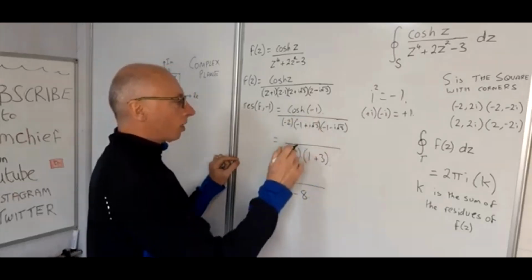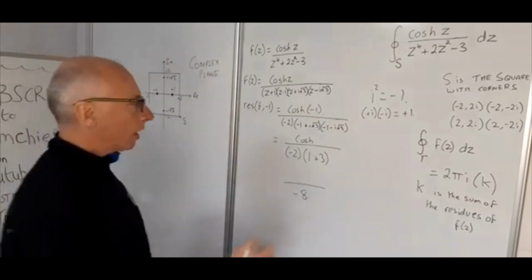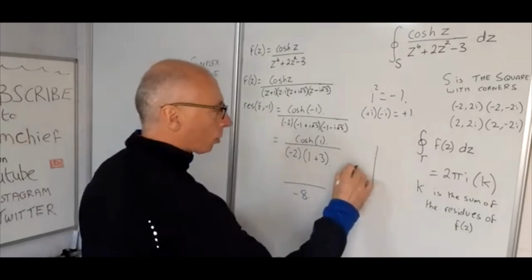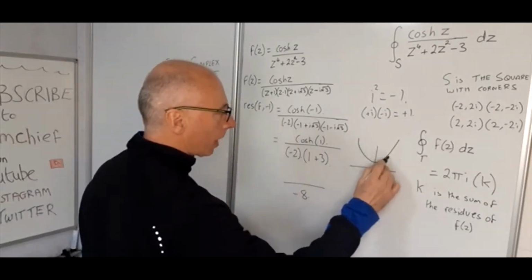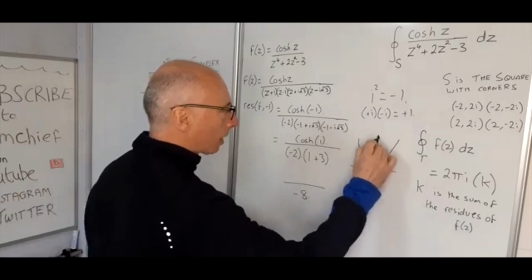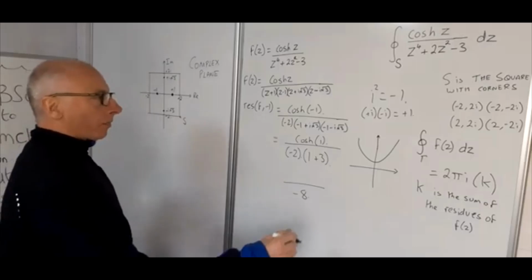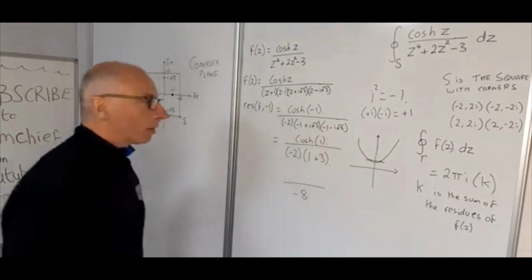So we'll rewrite this down here again, minus 8. Now the cosh of minus 1 we can rewrite as cosh of 1 if we like, because remember the cosh graph looks something a little bit like this, basically reflected in this positive axis here. So obviously the minus 1 and the plus 1, they are the same value.